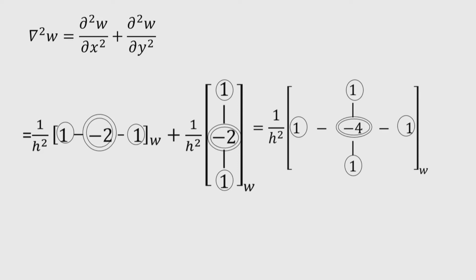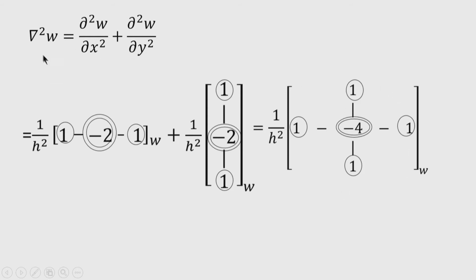Okay. So, after adding, if these two are added, very easily you can see that del square w is nothing but 1 by h square, this term will be 1, and then minus 2 it is minus 4, then it is 1, then in the vertical side you are getting 1 and 1, of course, this term will be 0, there will be no coefficient appearing at the corners.